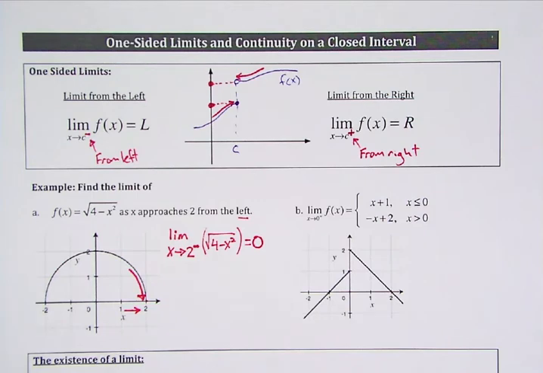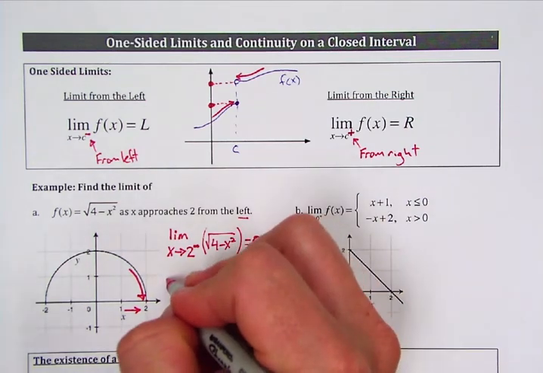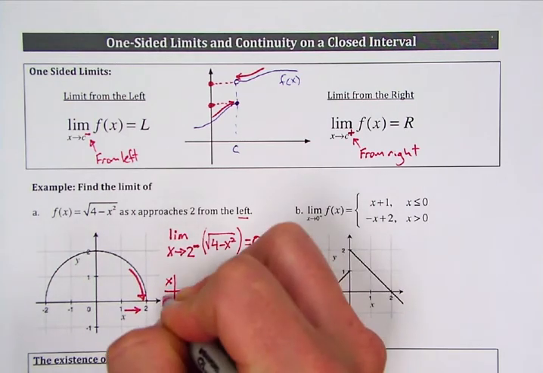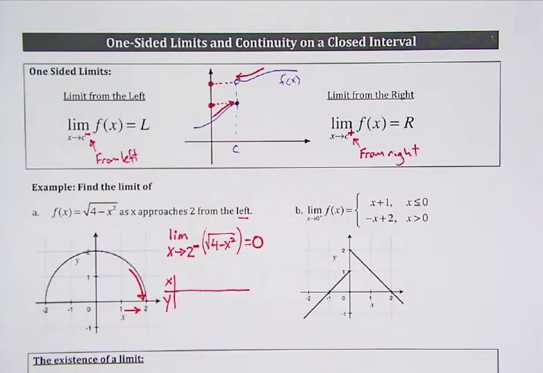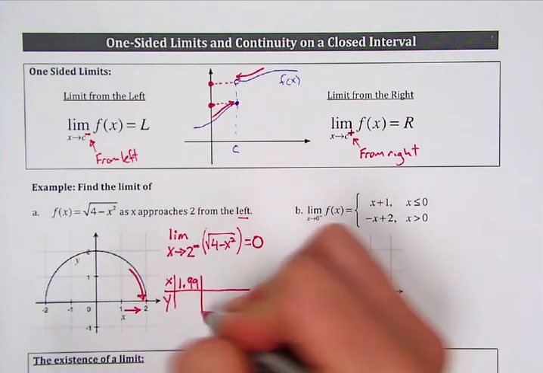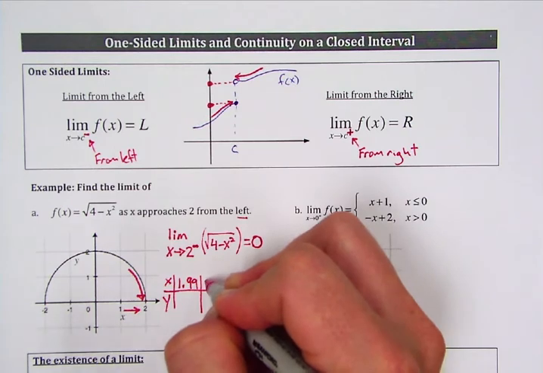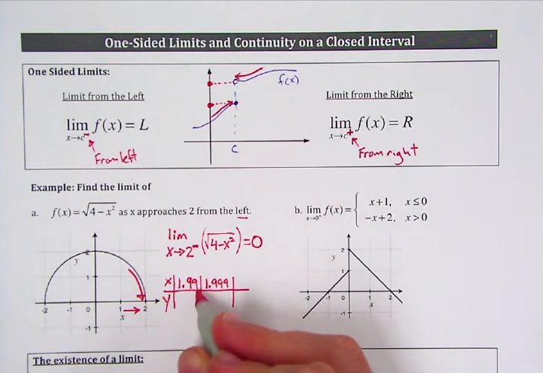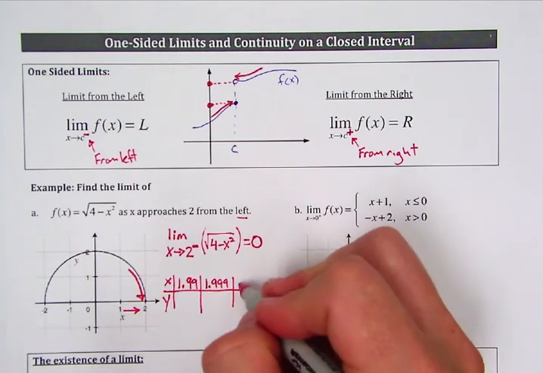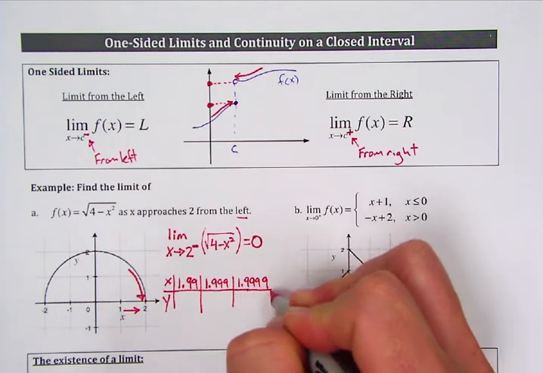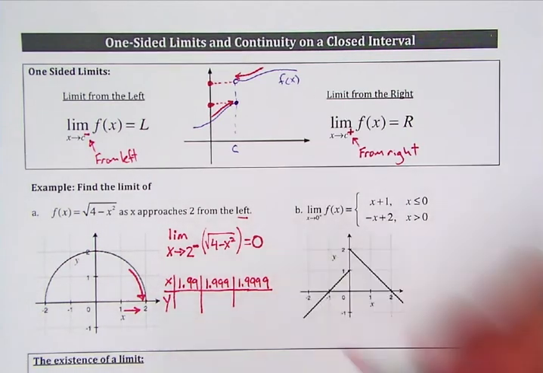If we were to find this numerically, we could make a table of values like we did before, except now all we have to do is make sure the numbers start lower than 2 and get closer to 2. So 1.99 and then 1.999 and then 1.9999, and so on and so forth.